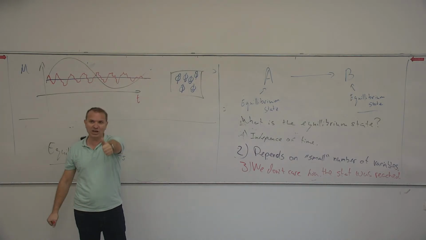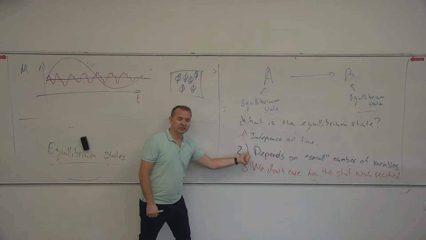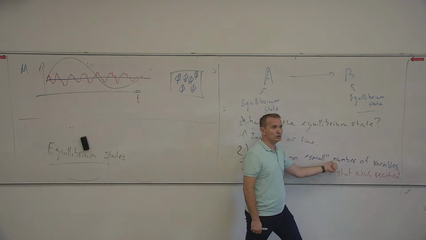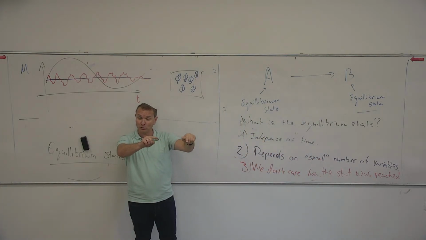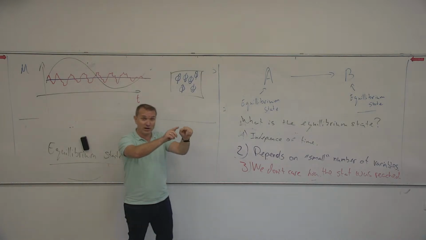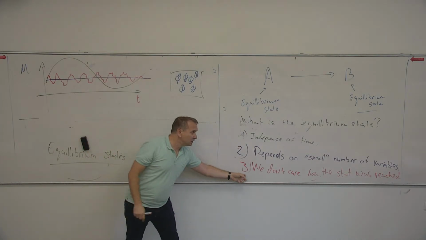I don't care if I shook it previously or what I have done to it previously, because the state only depends on those specific small number of variables, and if those are set, it's like a function. Think about it as a function. If I set the variables of a function, I don't care about what I have done with the function before. That's it. So this is number 3.